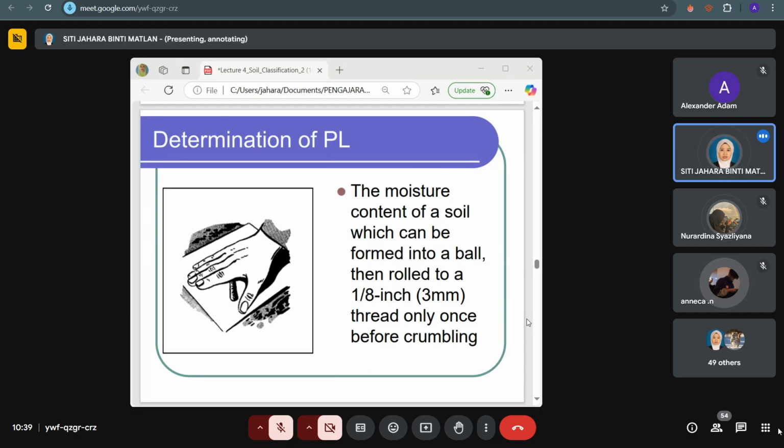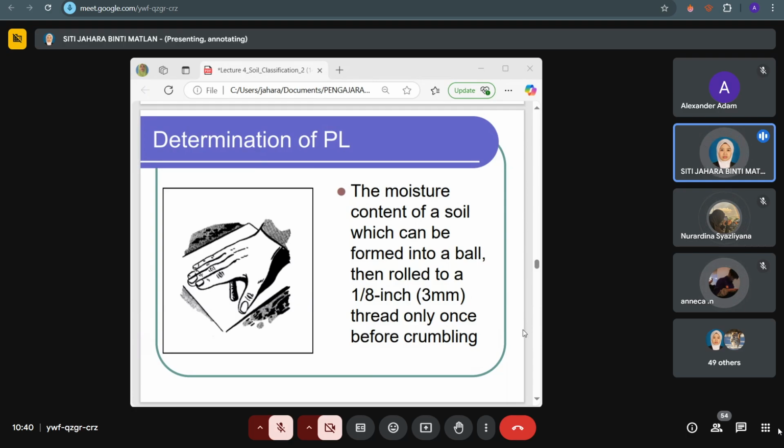When the soil thread can no longer be rolled smaller than 3 mm, or 1/8 inch, in diameter without crumbling, the moisture content at that point is taken as the plastic limit. So this is how the plastic limit is measured or determined.